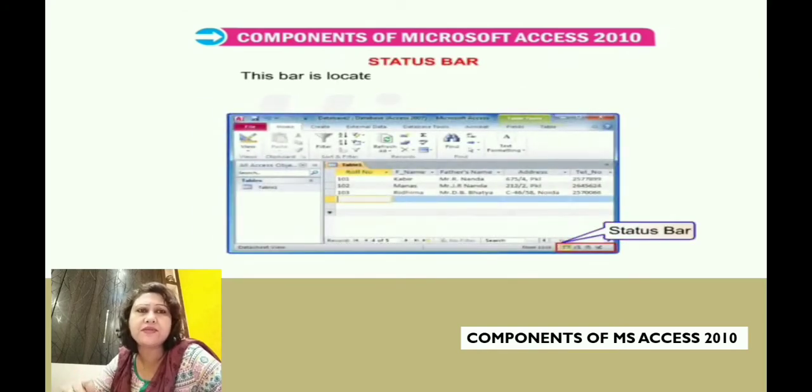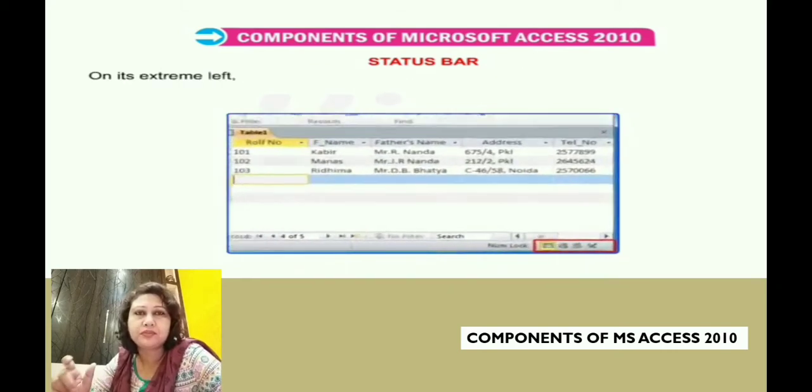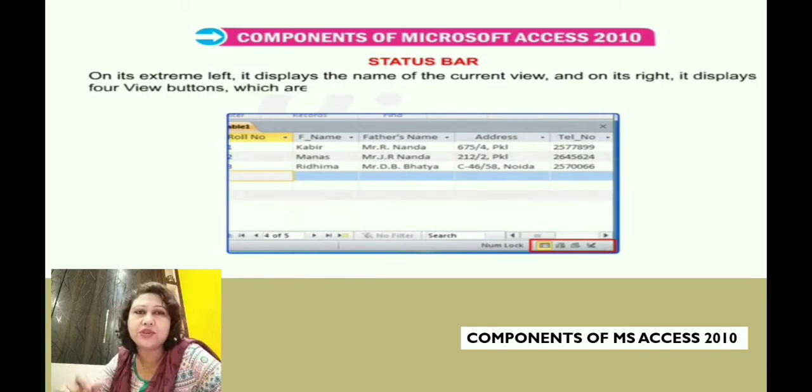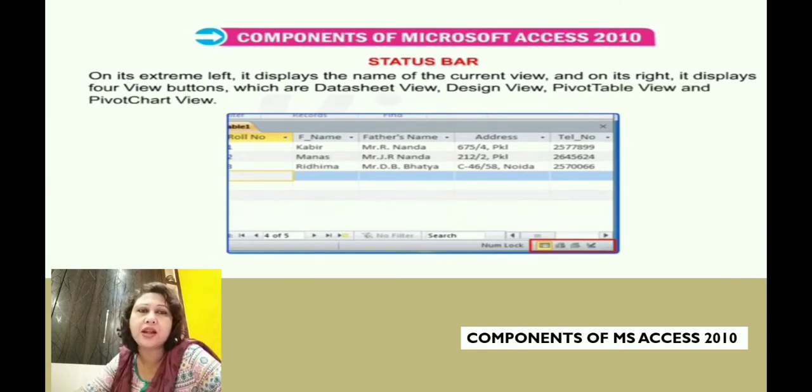The next one we have is the status bar. This bar is located at the bottom of the window. On its extreme left, it displays the name of the current view, and on its right, it displays the four view buttons, which are the datasheet view, the design view, the pivot table view, and lastly the pivot chart view.